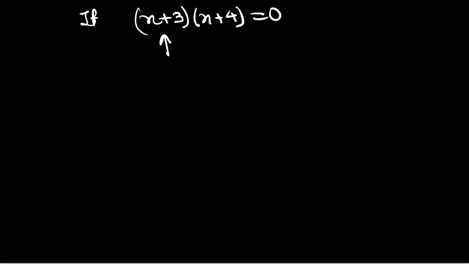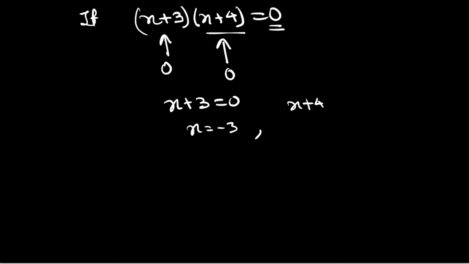If x plus 3 and x plus 4 have to multiply to 0, then individually, if either one is 0, the product becomes 0. Hence, x plus 3 equal to 0 gives me x equal to minus 3, and x plus 4 equal to 0 gives me x equal to minus 4.